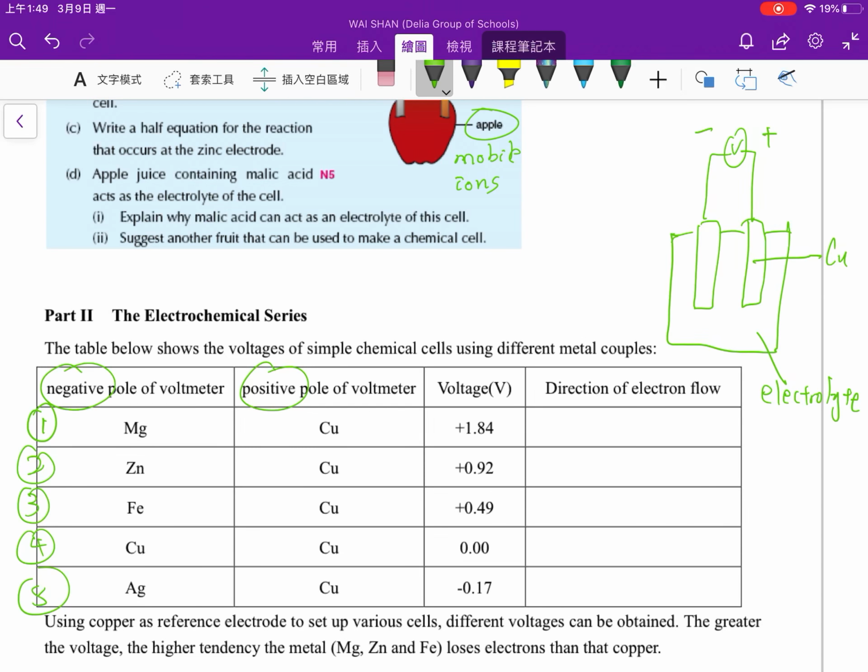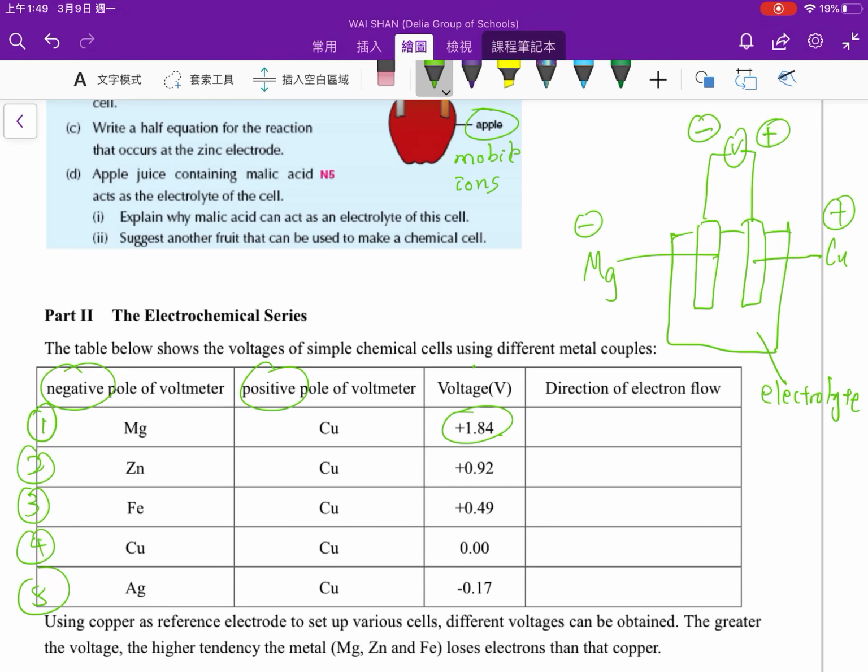With magnesium as the negative electrode, it gives a positive value. Because the voltage we get is positive, we know magnesium will be the negative and copper will be the positive electrode, just like the negative and positive in the voltmeter.